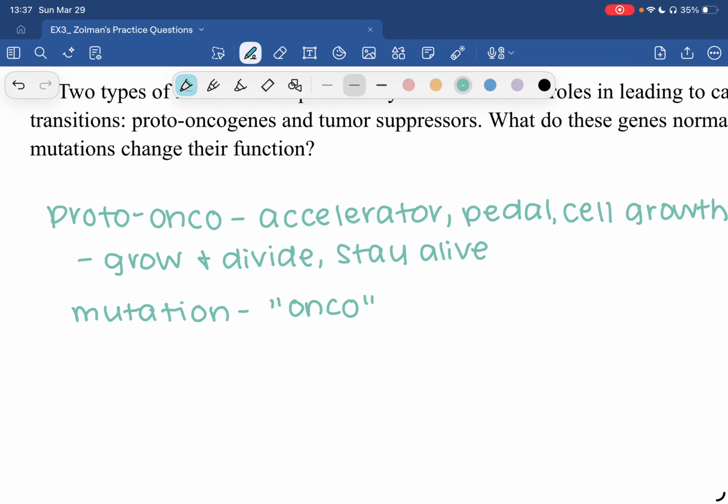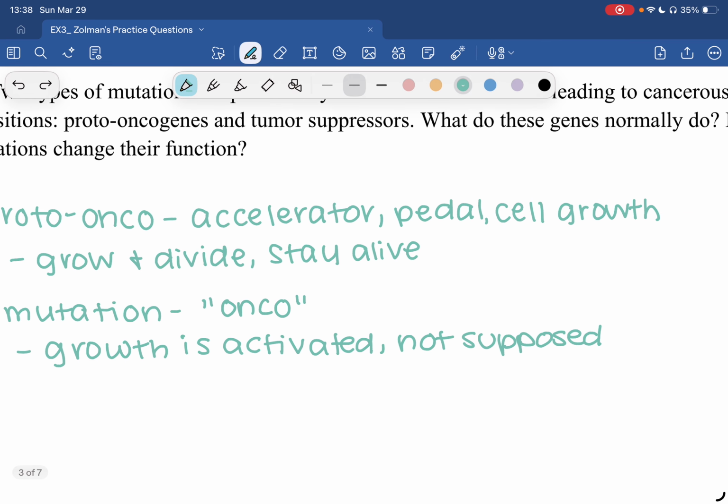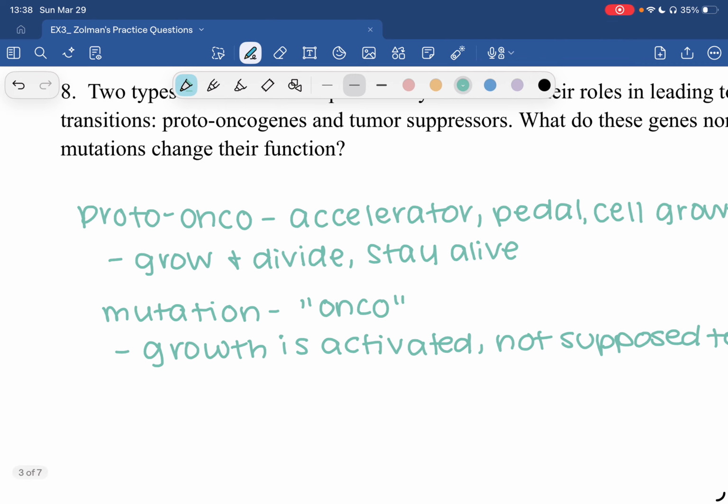So no proto, just the regular name onco. This is when there's a mutation and it can be activated. Basically, cell growth is activated when it's not supposed to be, which leads to too many copies being made.